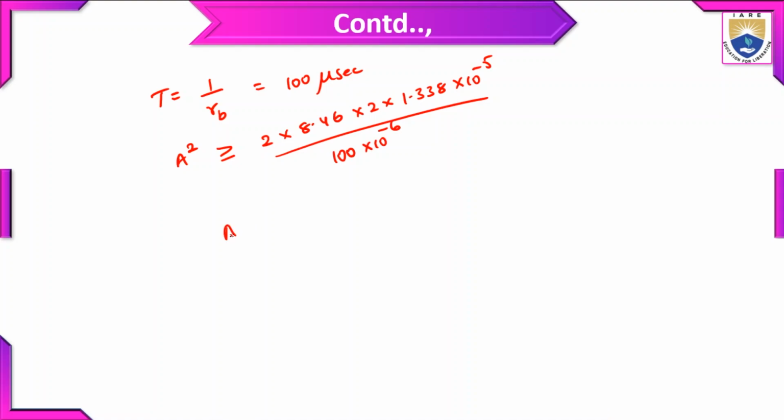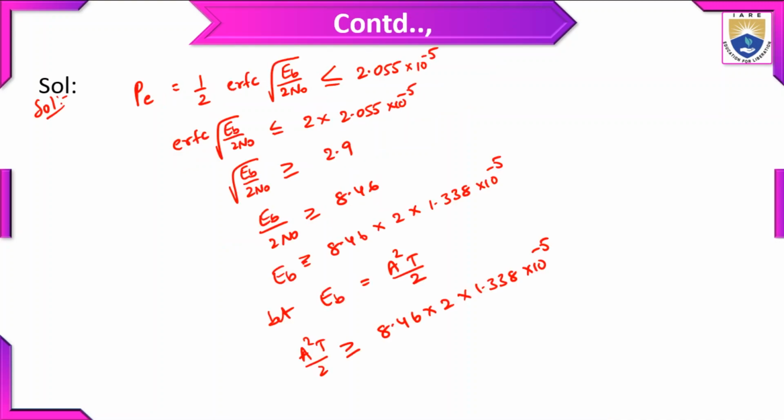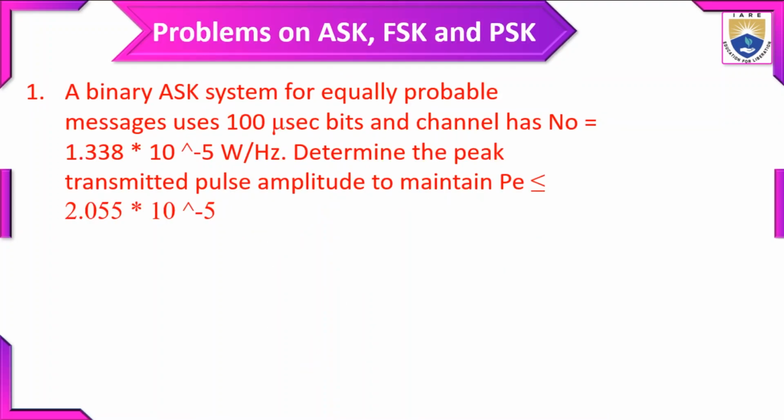So finally, simplify all this on the right hand side, and the left hand side is A square. Send this square to the other side, and it goes to root. So we are getting 4.53 volts. 4.53 volts.